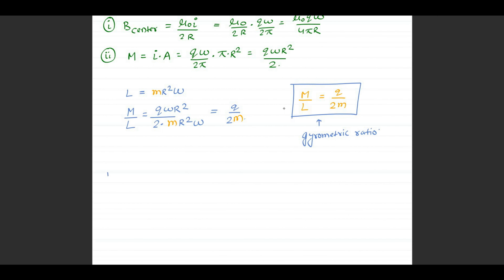And from Bohr's model, angular momentum is quantized and it is n h by 2 pi. So we can say magnetic moment can be written as, where me is the mass of electron. We know charge on electron, say, is E. L is n h by 2 pi, divided by 2 me.